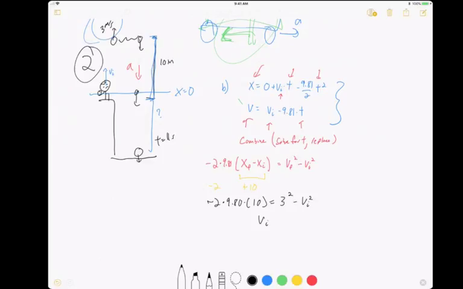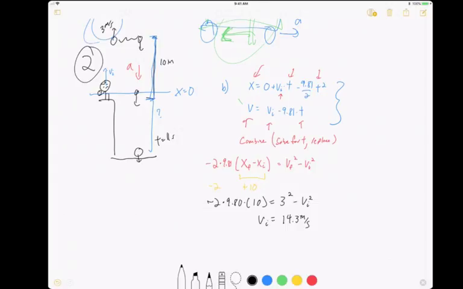So you can solve this for the initial speed. 2 times 9.81 times 10 plus 9, square root, answer 14.3 meters per second.